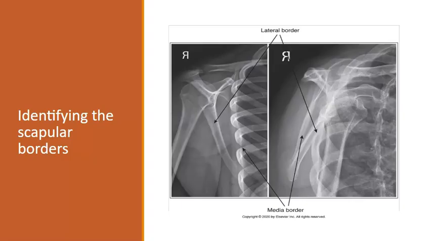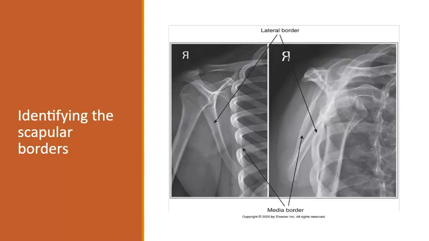When a true lateral PA Y projection is not obtained, it's important to be able to identify the scapular borders to evaluate your positioning. The lateral border of the scapula appears thicker with two distinct cortical outlines, typically separated by about a quarter inch. In contrast, the vertebral border shows only a single thin cortical line.